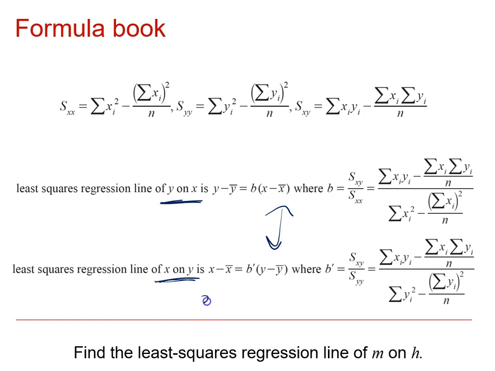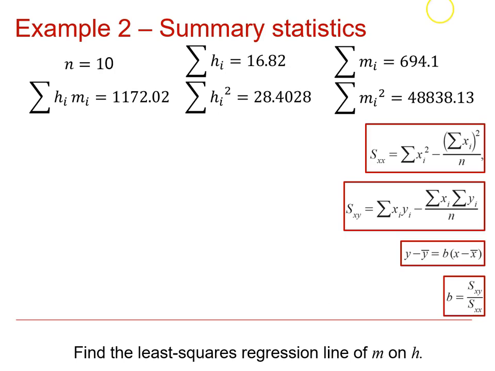I'm going to use x equals h and y equals m. So I'm going to be using the first formula here. So I'm going to write x equals h, y equals m somewhere so I don't forget. I'm going to find Shh.